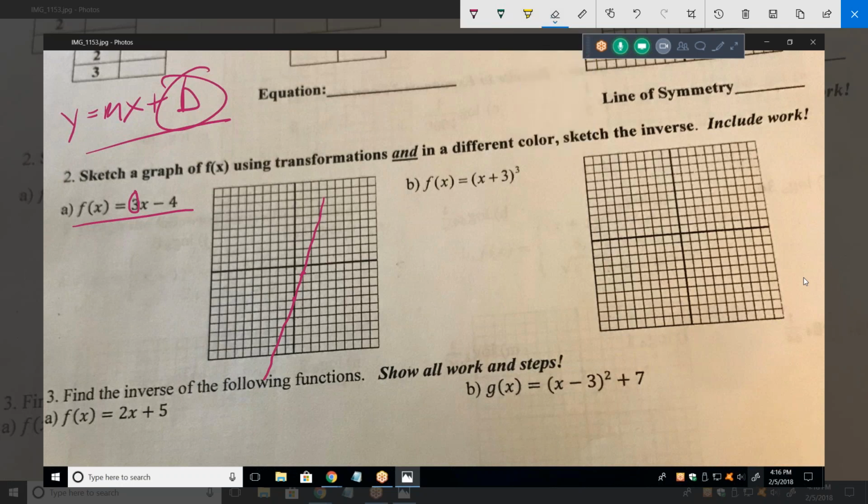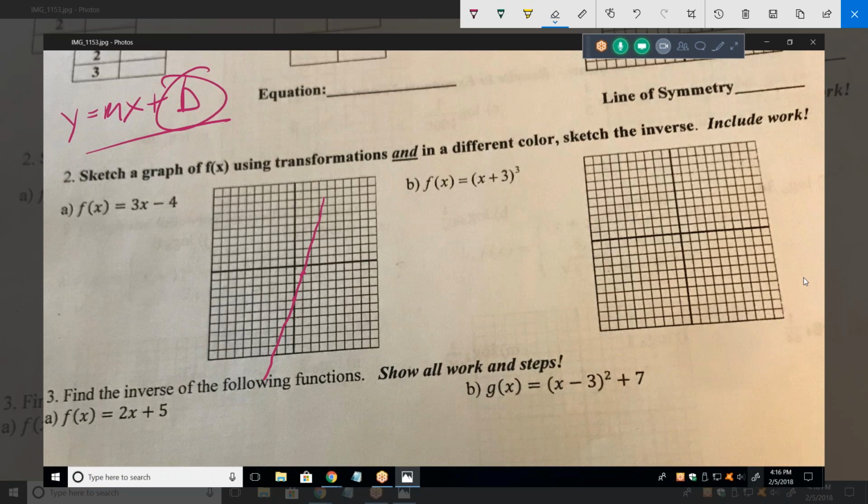Now, I don't really want to draw y equal x on there and reflect that line. I'm not real good at reflecting. So let's come up with the equation of the inverse. So what's my first step? Flip the variables.